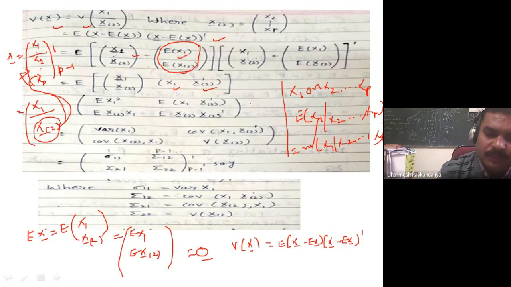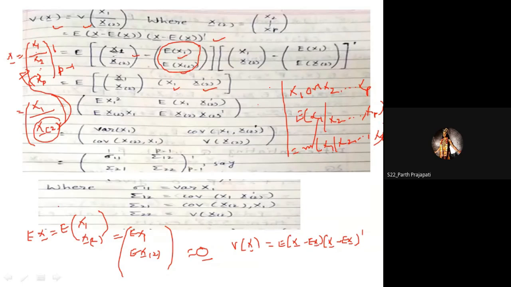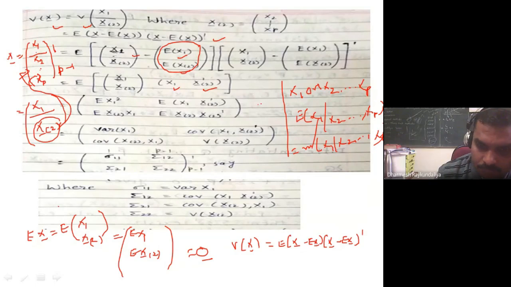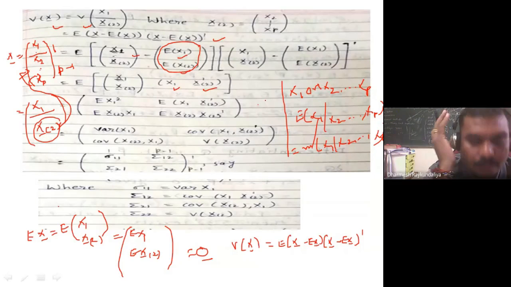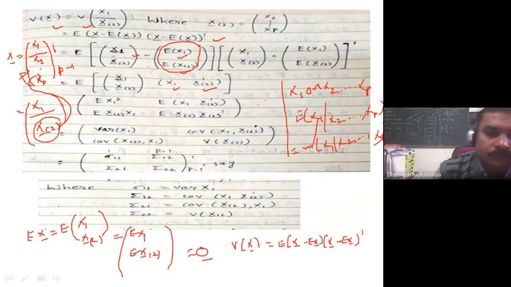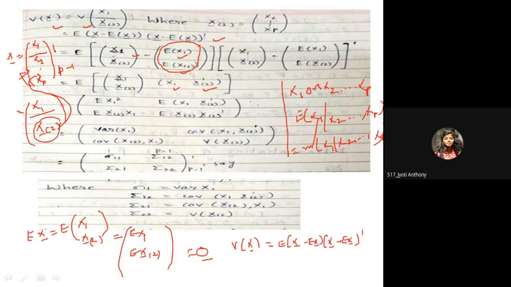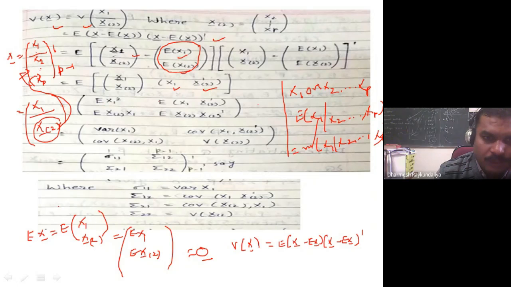What is the order of this matrix? Anyone? 2 cross 2. What is the order? How many elements does it have? 4. Here how many rows are there? This is one row, but how many columns are there? This is one, but how many elements are inside it?